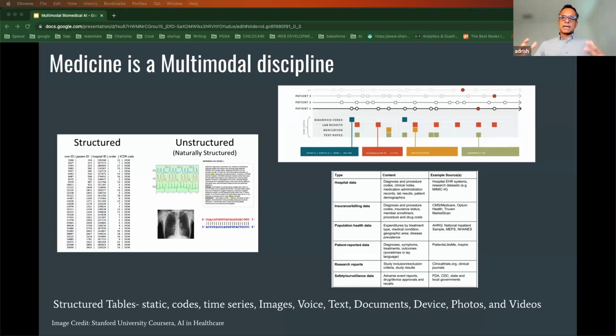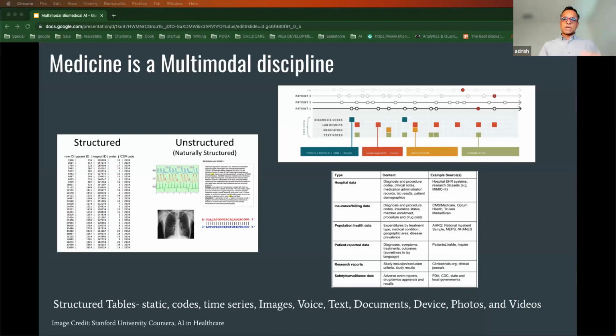So by design, healthcare itself is multimodal. That's why this multimodal architecture is so attractive for healthcare, because it emulates the conditions that clinicians and patients go through every day for their complex decision-making process.